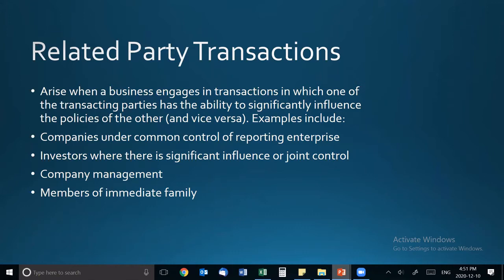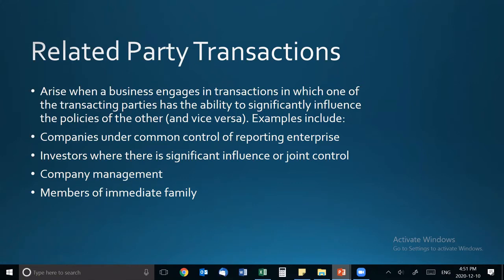So examples of this is companies under common control of a reporting enterprise. So if you have a parent company and then 2 subsidiaries, the 2 subsidiaries would be related because they are in common control of the reporting or parent company. So all 3 of those companies actually would be related, right?